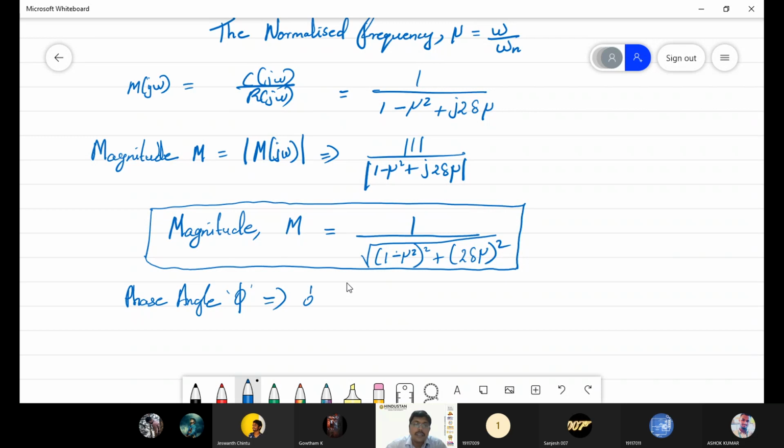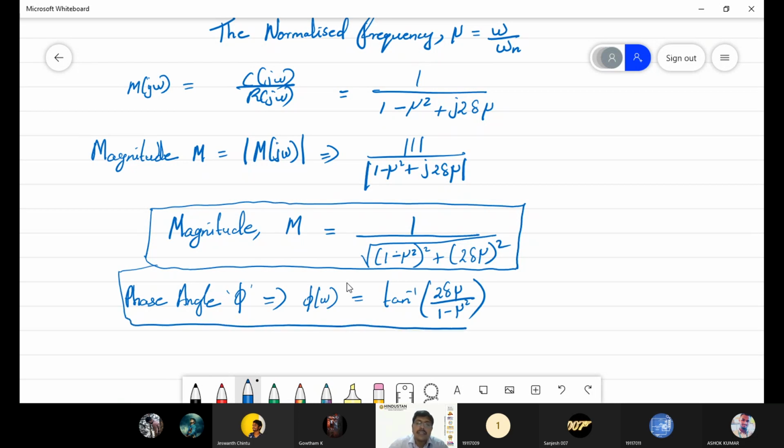Here I can write phi of omega equal to tan inverse of b, here 2 del mu divided by 1 minus mu square, right? So this will be the phase angle, right?